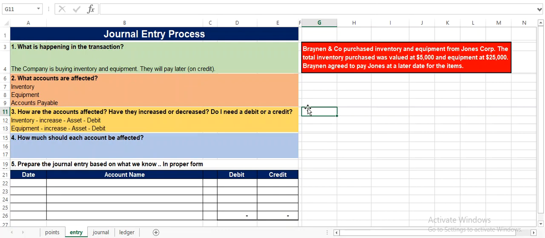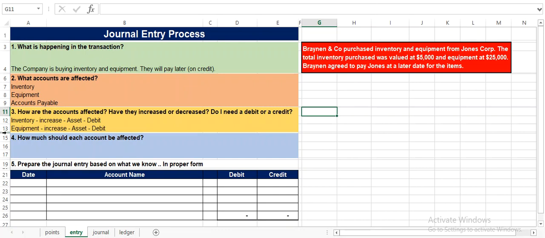When we're selling something to someone and they pay us later, then it's a receivable. It's an accounts receivable. So a payable means that we pay it later. A receivable means that we will receive the cash later. So that's also a good tip to know. Accounts payable would be the account that's affected.